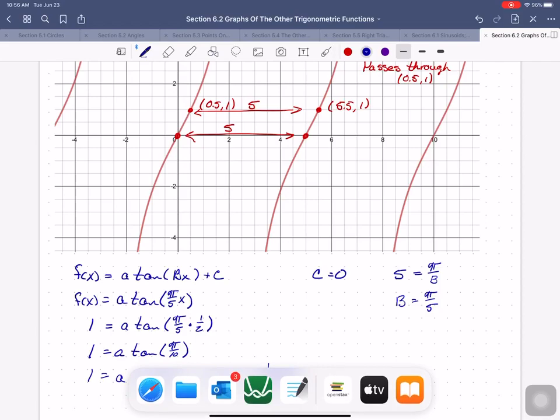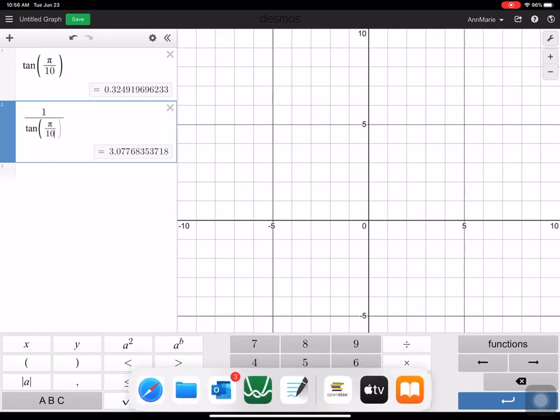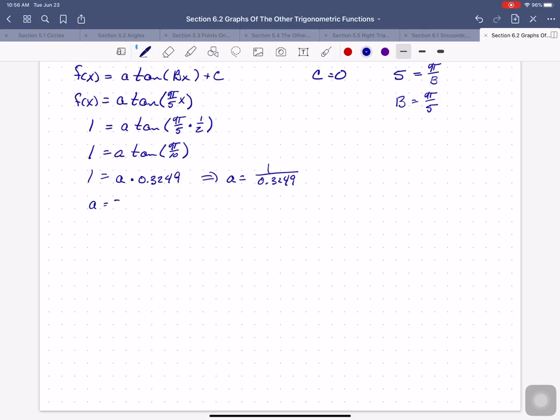So I'm going to take 1 divided by the tangent of pi over 10, and I get 3.077. So my function then is 3.077 times the tangent of pi over 5 times x.